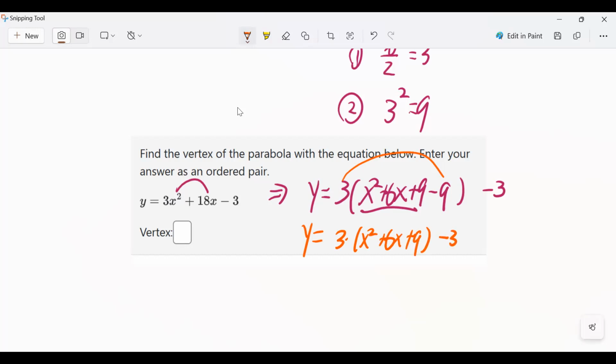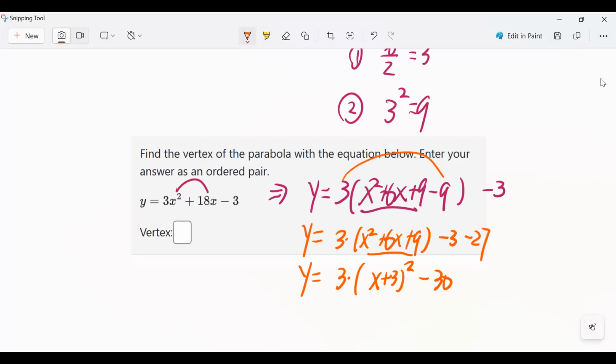Now minus 3 times 9 is minus 27, so we move this number outside. From here we complete the square: (x plus 3) squared, a perfect square, and combining the other two, minus 3 minus 27, that's minus 30.